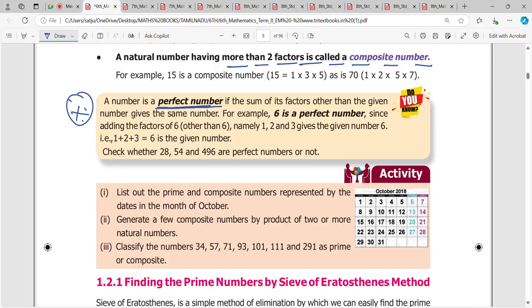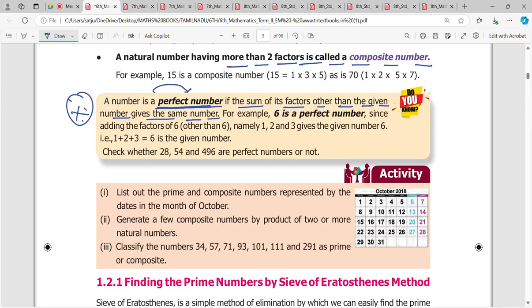At least you need to know a number is a perfect number if the sum of its factors other than the given number gives you the same number. That is nothing but the perfect number. Example also provided here. For example, 6 is here. Perfect number.